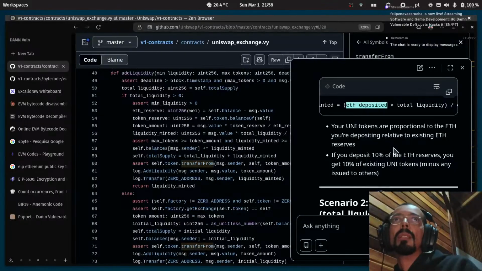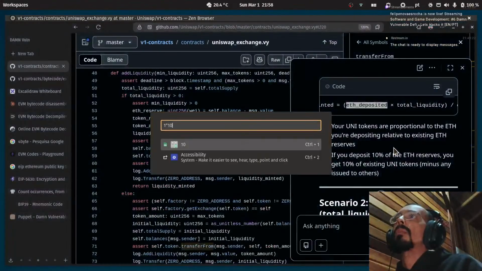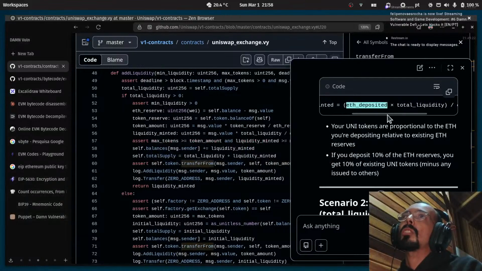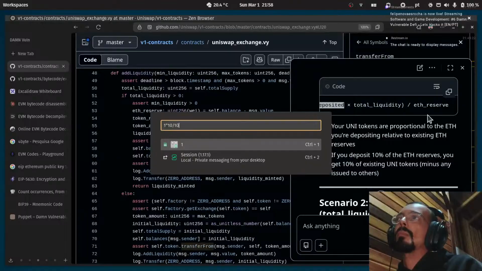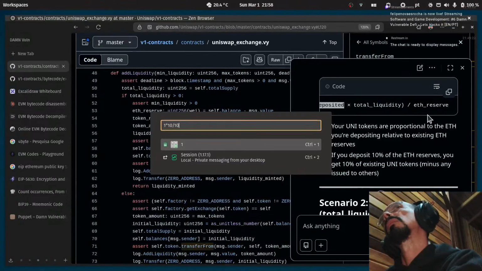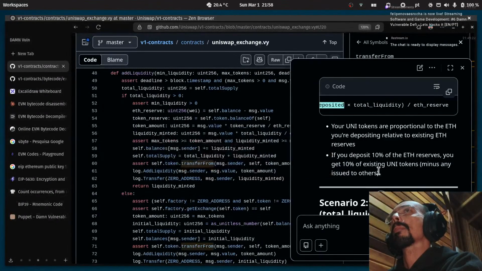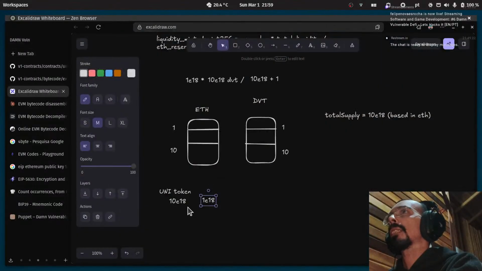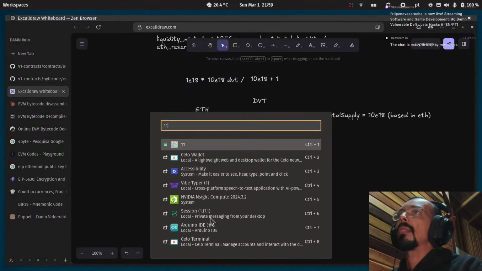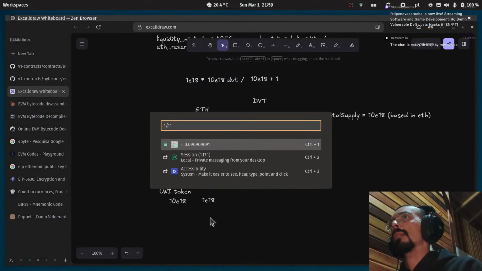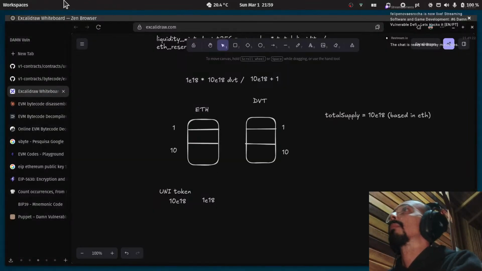So 10% is exactly the one I deposit, divided by the reserve, so it should be 1. And now the total should be 11, right? So it should be 11 there. That's the total supply, and I have almost 10%. Maybe that's why they increase 1 as rounding.